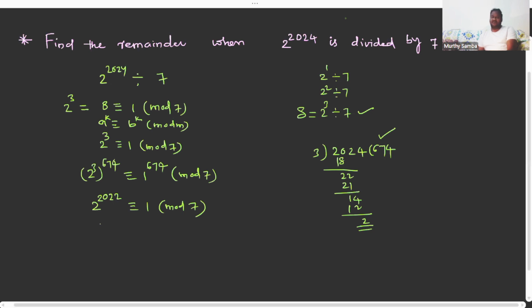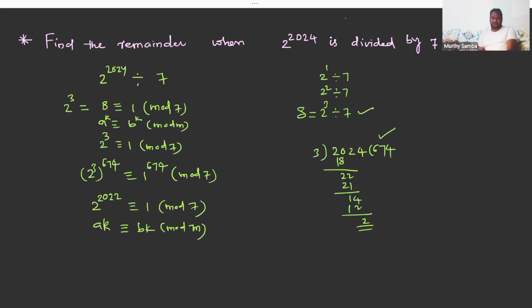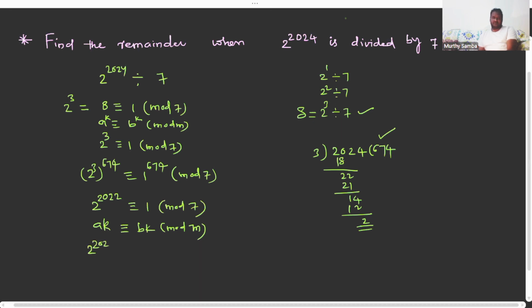Like which formula? A is congruent to B modulo M, then A into K is congruent to B into K modulo M also. Here K is equal to 2 square. So 2 power 2022 into 2 square is congruent to B, which is 1, into 2 square modulo 7.